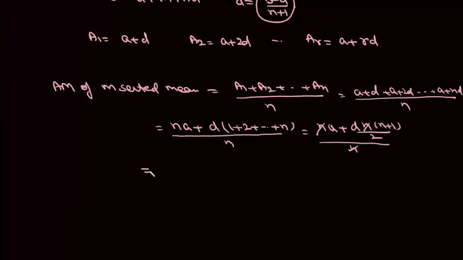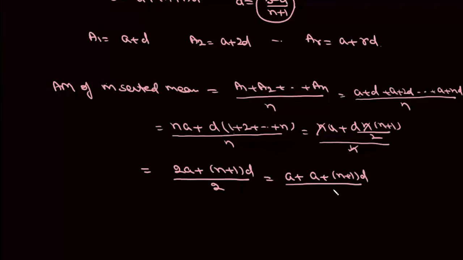So the arithmetic mean of inserted AMs will be (2a plus (n plus 1)d) whole divided by 2, or a plus (n plus 1)d divided by 2, and this is nothing but (a plus b) by 2. So the arithmetic mean of all the means inserted between a and b is simply (a plus b) by 2.